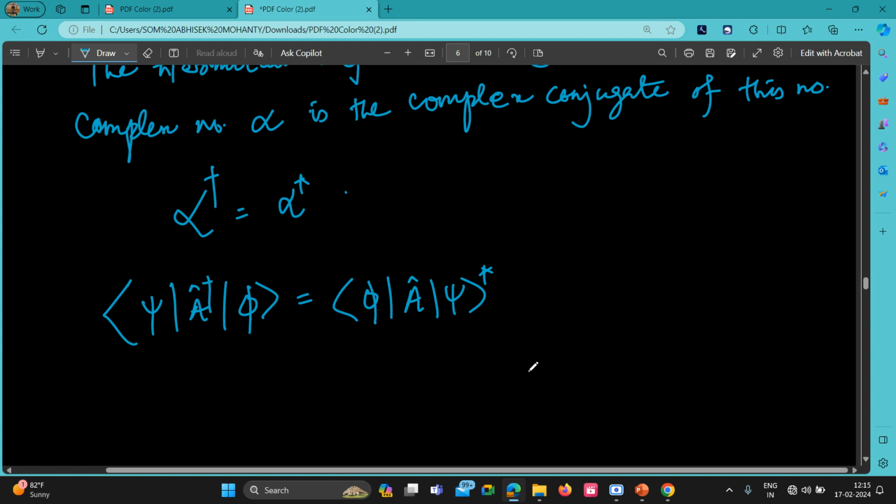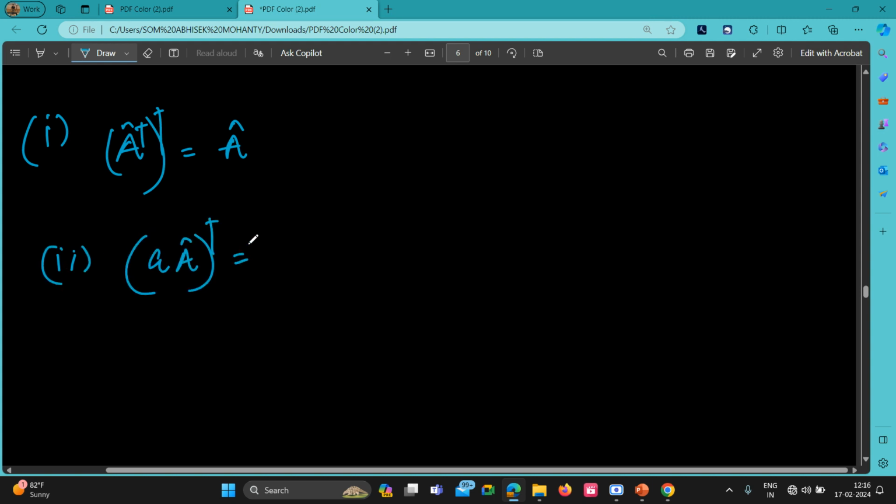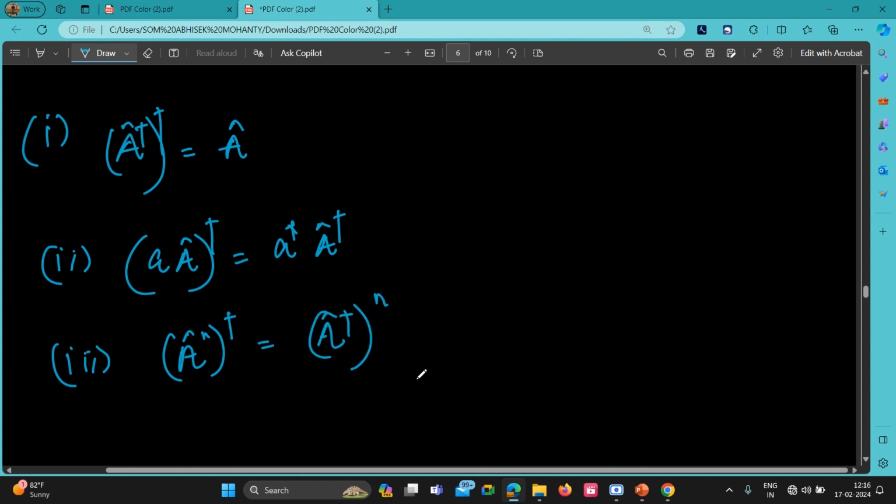So let's write some of the rules. A dagger, whole dagger, will be A. A into B operator, whole dagger, is equal to B dagger into A dagger. A to the power n, whole dagger, is equal to A dagger to the power n.